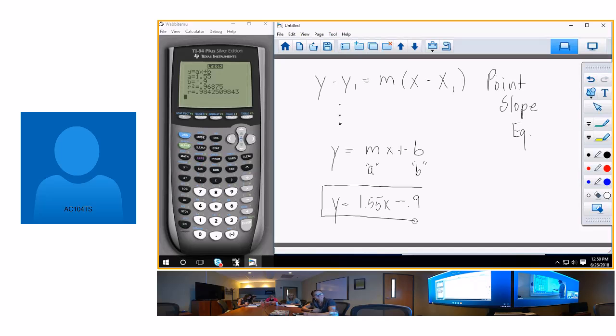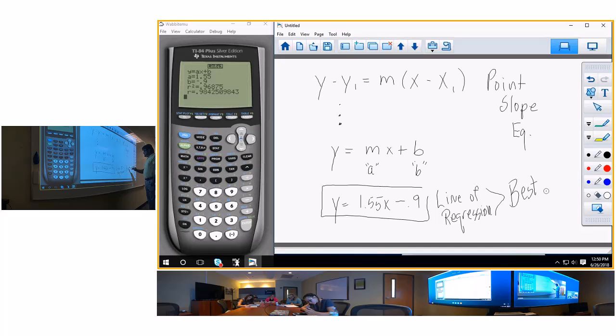And that is your regression. Now this is the line of regression. And we're going to talk about that in just a minute. Basically, the line that is a best what? Best fit.